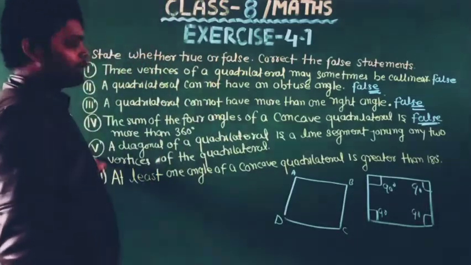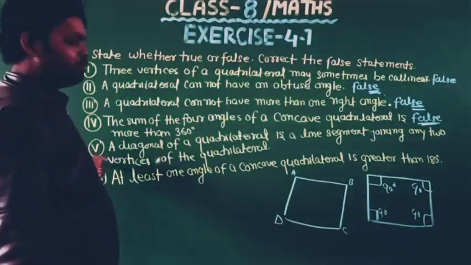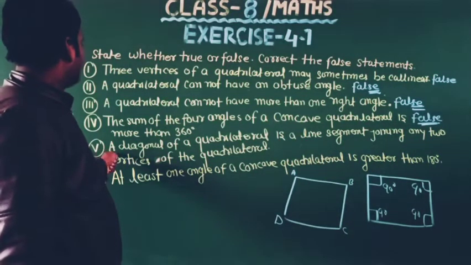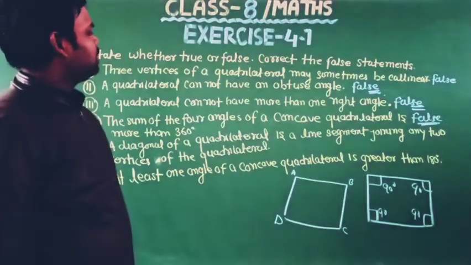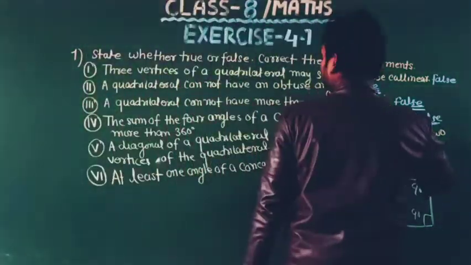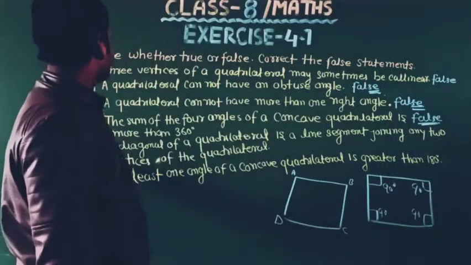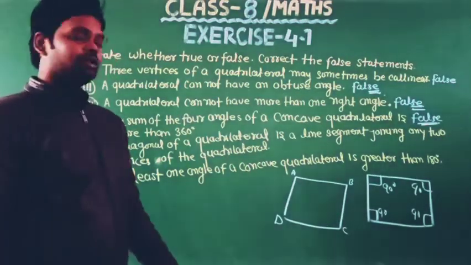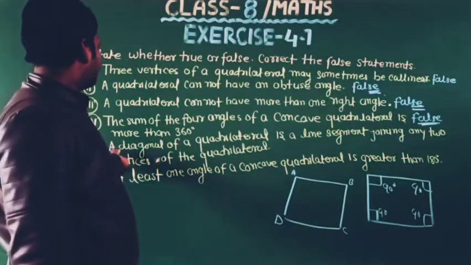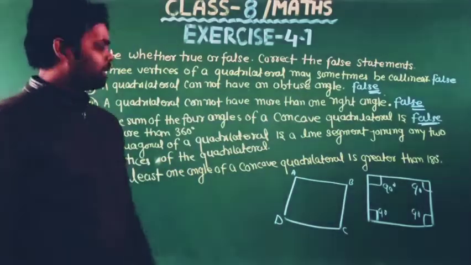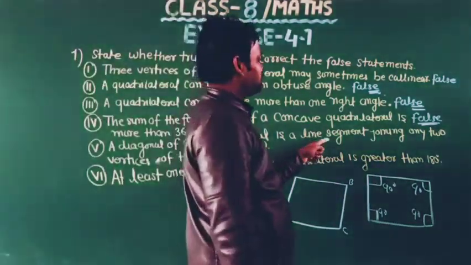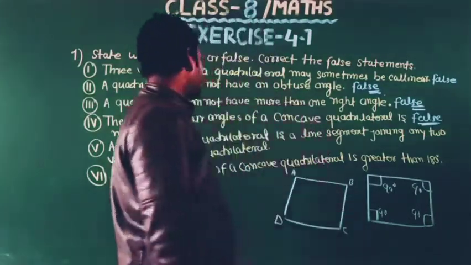Further move to the fifth. It says a diagonal of a quadrilateral is a line segment joining any two vertices of a quadrilateral.